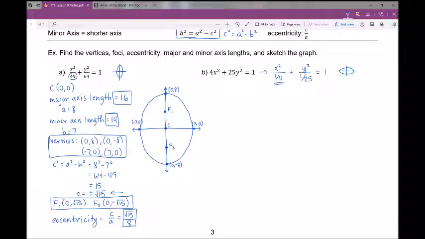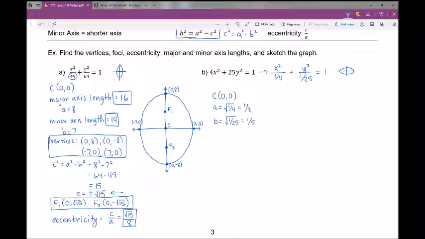So again, your center is going to be (0, 0) because we have nothing added or subtracted from x or y. Okay? So let's go ahead and pick out a and b. a is going to be the square root of 1/4, which is 1/2, and b is going to be the square root of 1/25, which is 1/5.